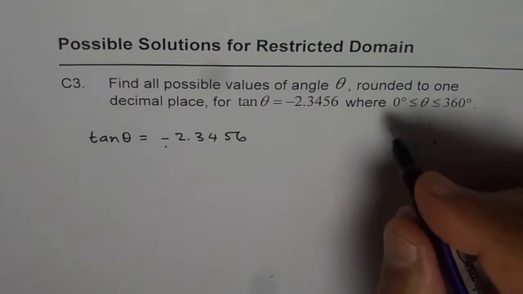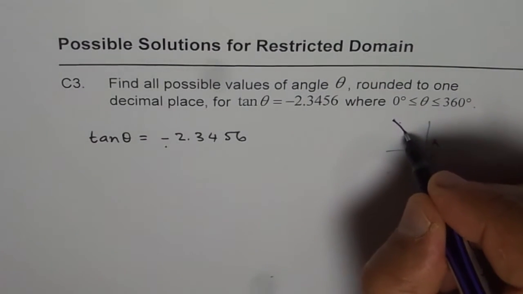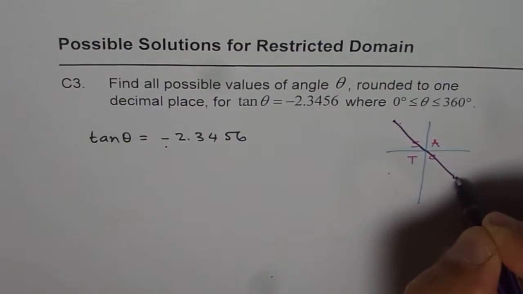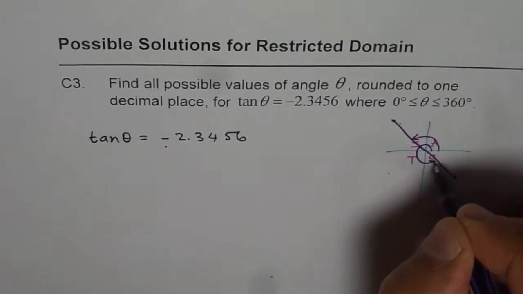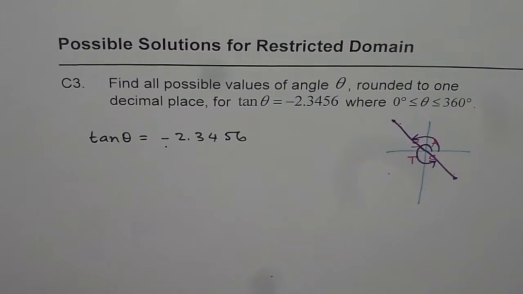So let me just draw randomly a line showing the two possible solutions. We still don't know what this angle theta is or what this angle theta is. These are the two values of theta which will result in solutions, so we have to find these two values of theta.